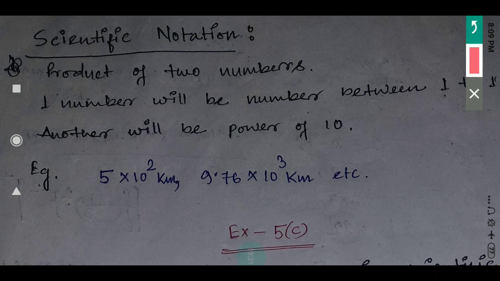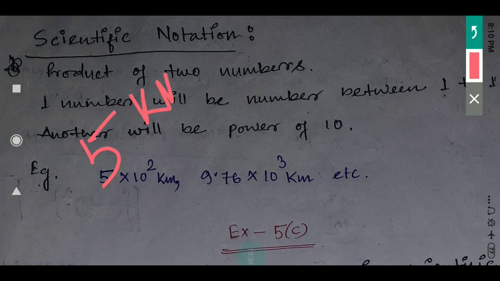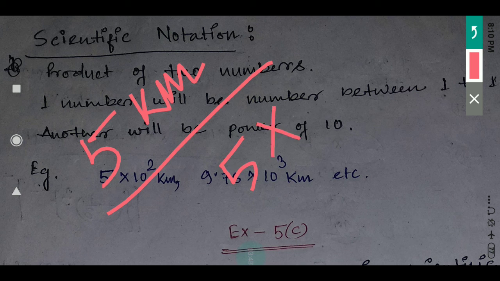Tell me one thing. Suppose a single number is given, 5 kilometers, and the question says write this number in the form of scientific notation. How will you write it? I can write 5, because scientific notation means multiplication of two numbers. One number I have got between 1 and 10, 5 is between 1 and 10. But what will I write here? If it were 50, I would write 10.